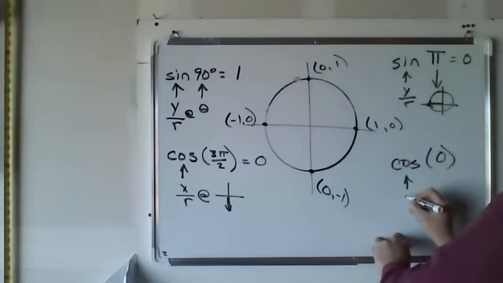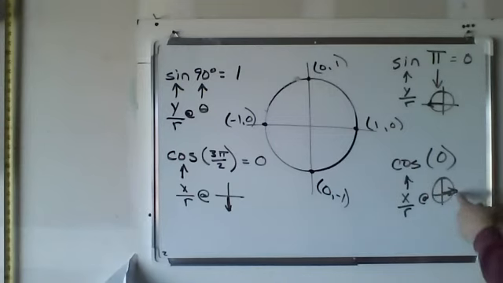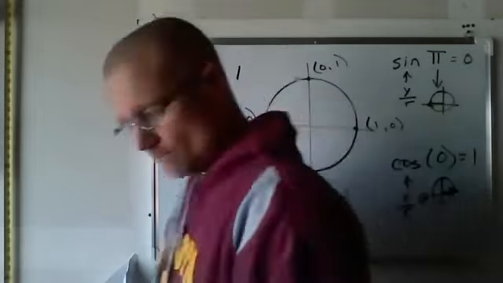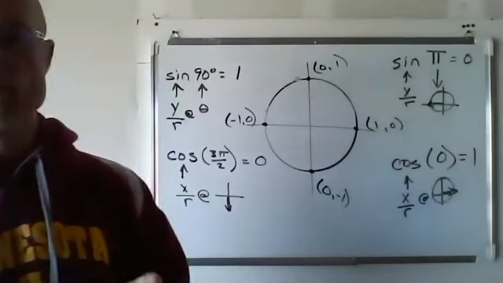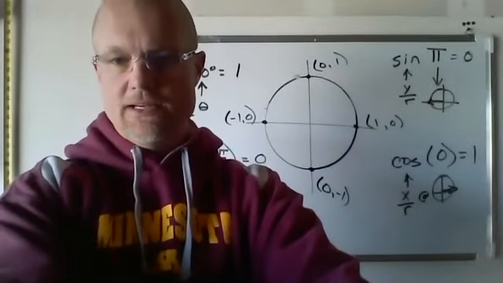Right there, I'm thinking that's the x over the r, and if I think about my unit circle, pointing straight over, that's going to be a 1 in that situation. The x coordinate there is 1. Okay, so that's getting your special angles from the unit circle. Thanks a lot, and keep watching.